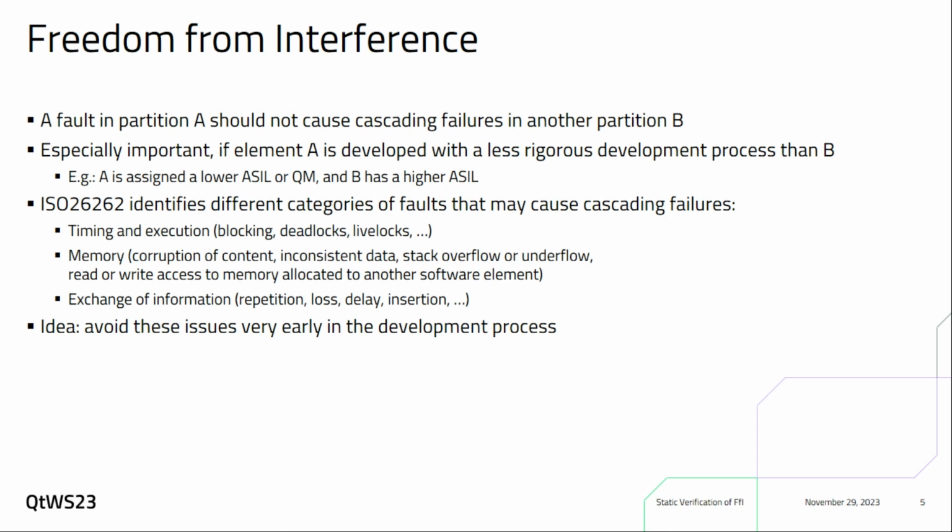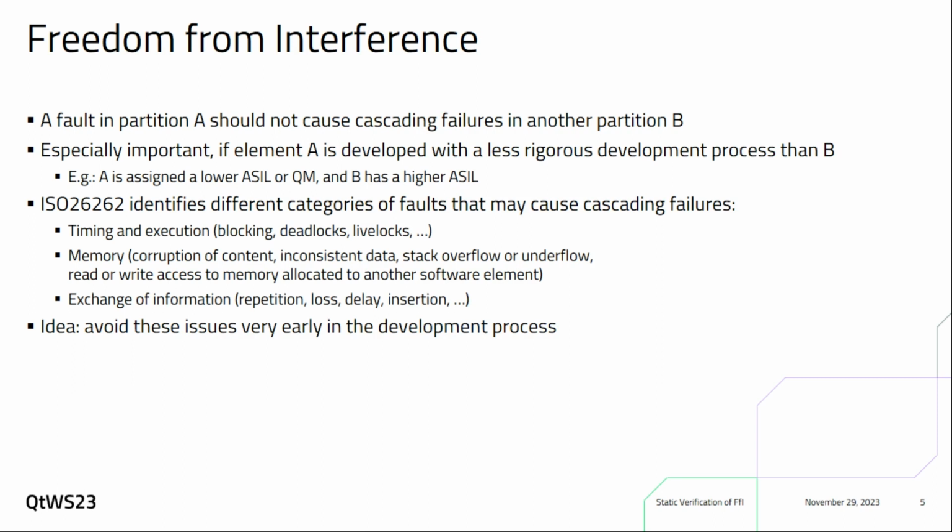application. So in the safety standard, ISO 26262, different categories of faults are identified that may cause such cascading failures: timing and execution, memory or access to memory, and exchange of information. And we're looking particularly at the memory part, where one software element can access shared memory and may modify that.